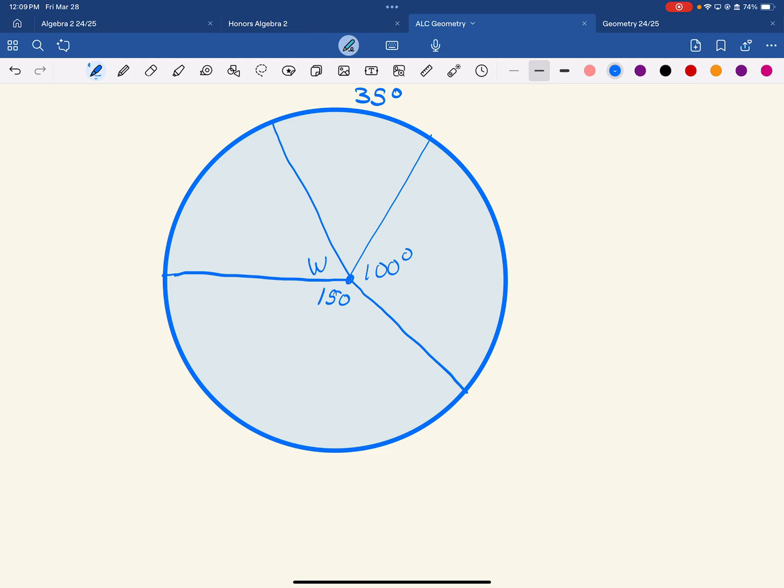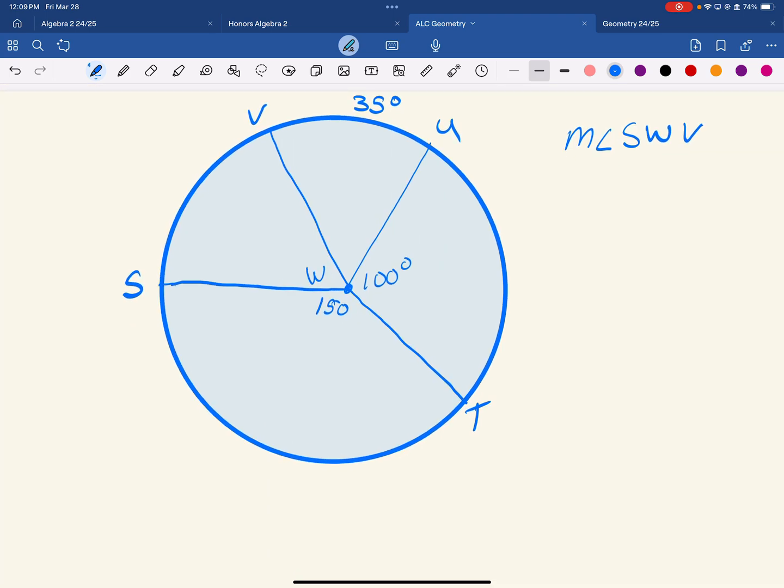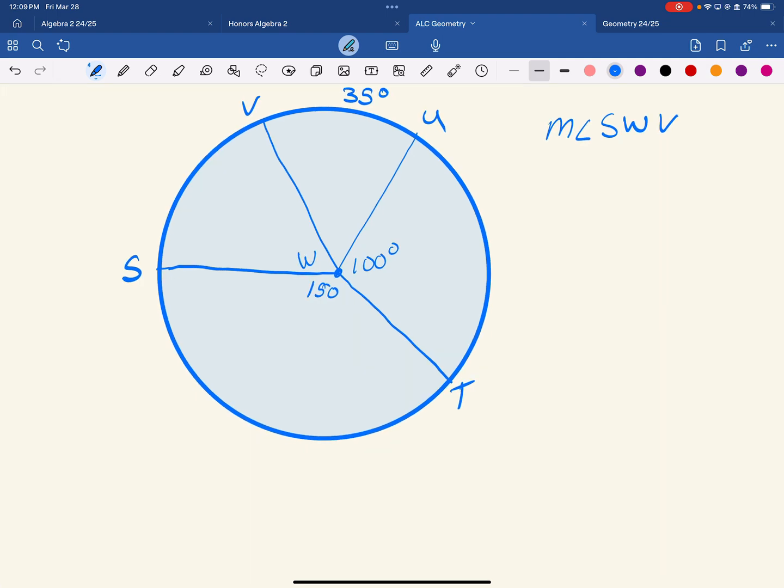Now, let's label this S, V, U, and T. We want to find the measure of angle SWV. I'll rewrite this down here. This is 35. Can't really see that up there on my screen.